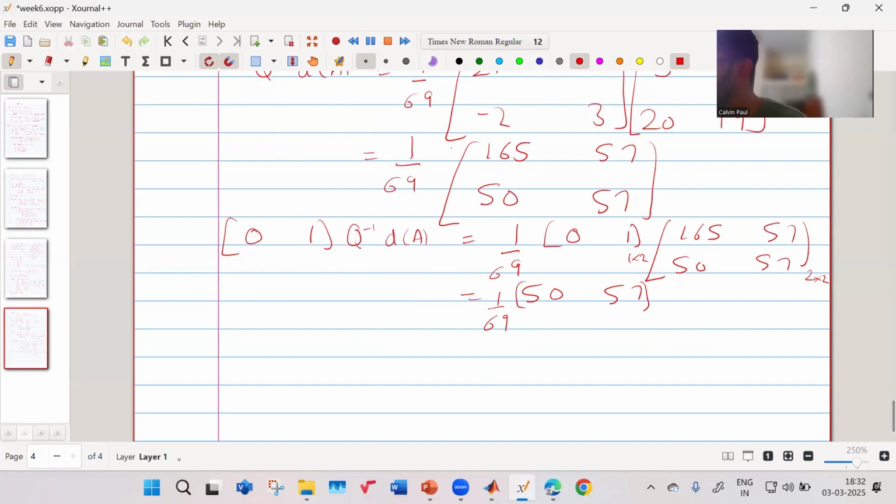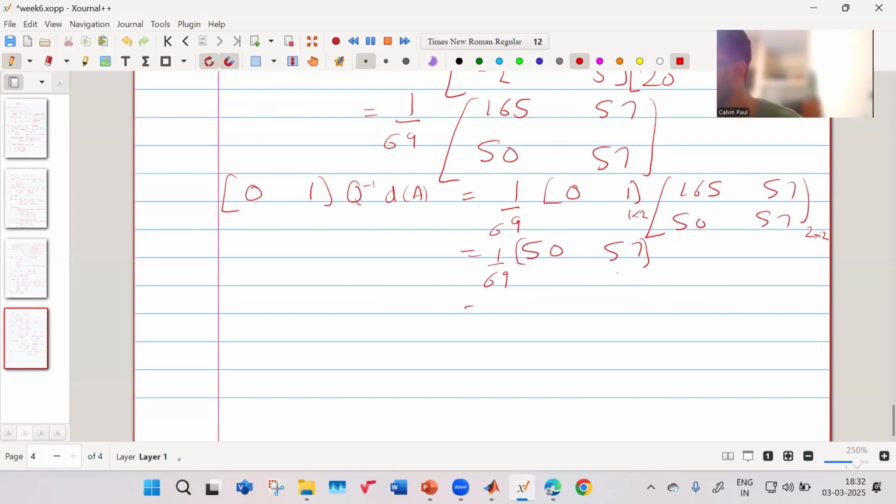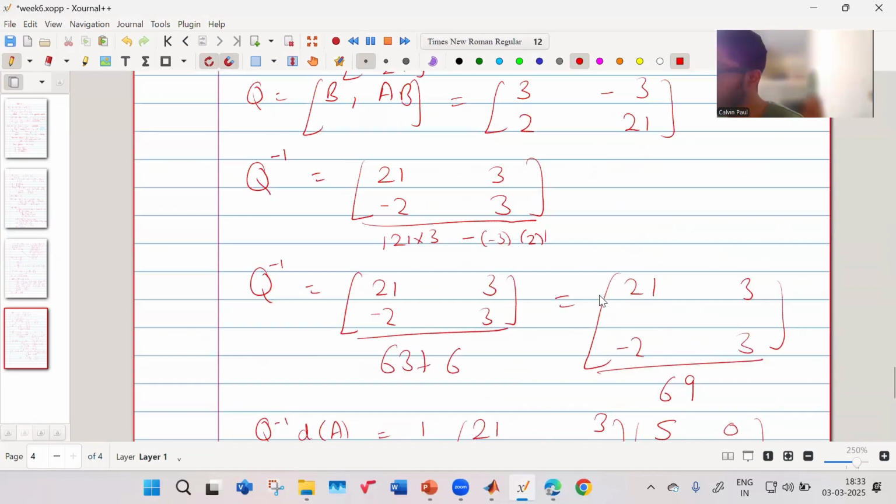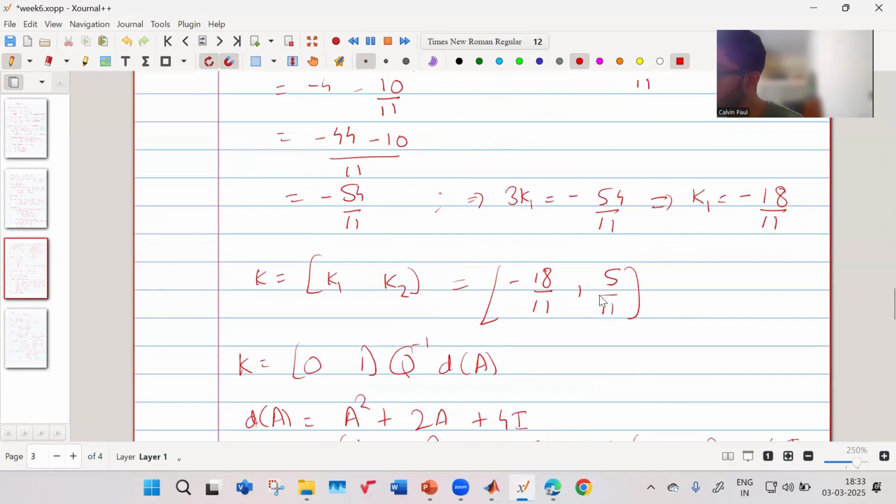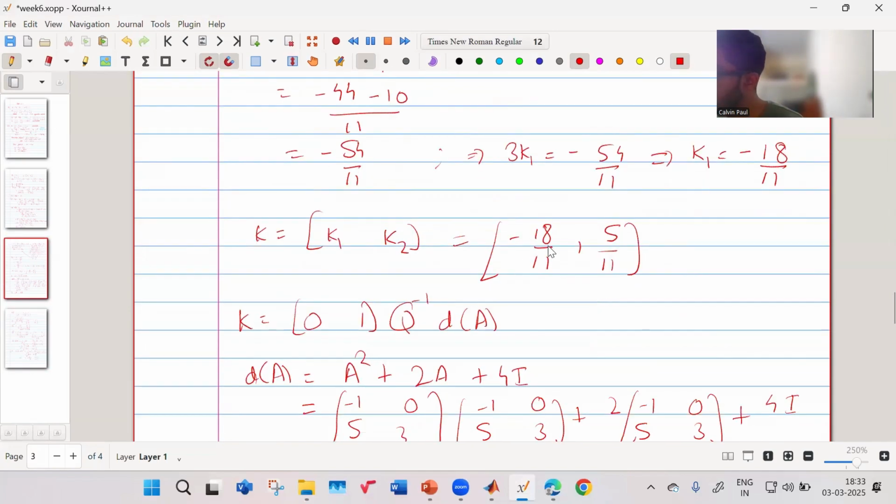So we are getting 50 upon 69 and 57 upon 69. These are not matching with what we were supposed to get. What we got earlier was minus 18 upon 11, 5 upon 11.